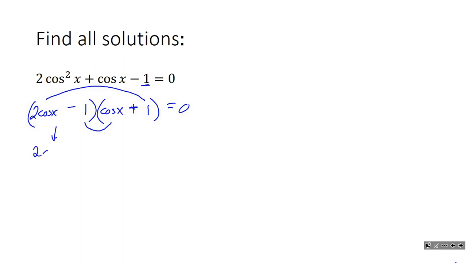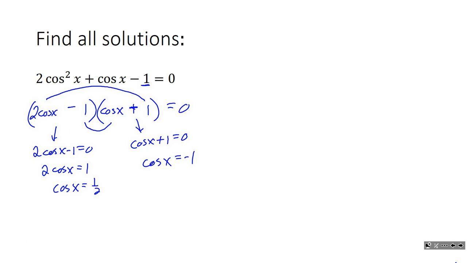So for the first one, we would have 2 cosine x minus 1 is 0. 2 cosine x equals 1. And cosine x equals 1/2. For the second one, we would have cosine x plus 1 is 0. So cosine x equals -1.